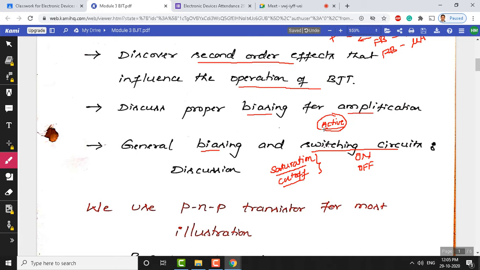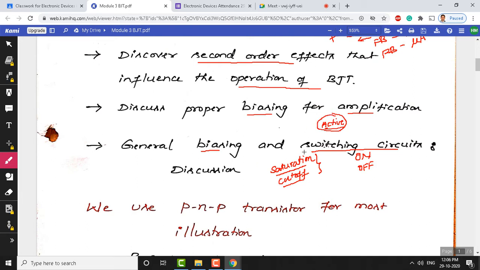Now the question arises, how do we operate BJT in the active region to use it as an amplifier, or in saturation or cutoff region to use it as a switch? It all depends on biasing. Biasing means you need to use external components like resistors and a DC supply voltage. If you establish proper voltages and currents, then definitely you can make the BJT operate in the active region.